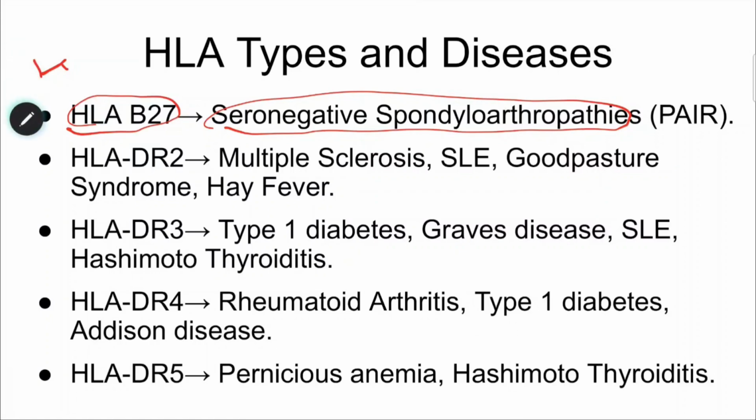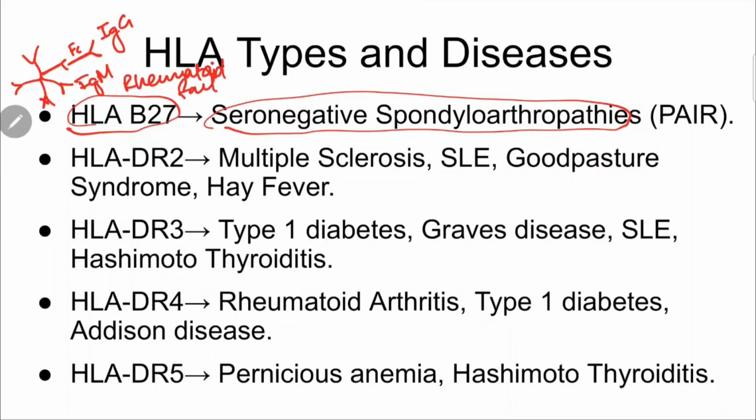IgM is, by the way, a pentamer. So it's going to be an IgM antibody attached to the Fc portion of an IgG. Right, so this is the Fc portion of IgG. I'm going to discuss antibodies in their own lecture, but this is what is known as rheumatoid factor. So those diseases that lack the rheumatoid factor are going to be your seronegative spondyloarthropathies.